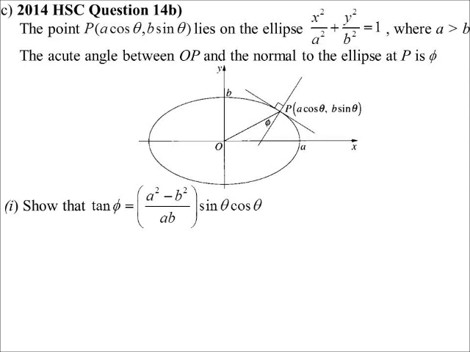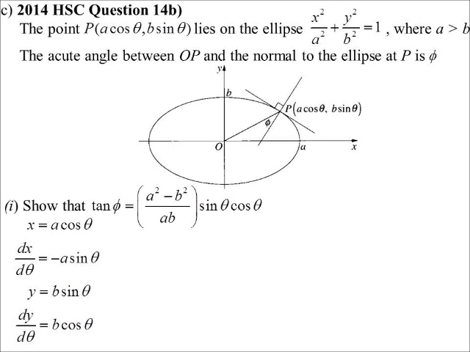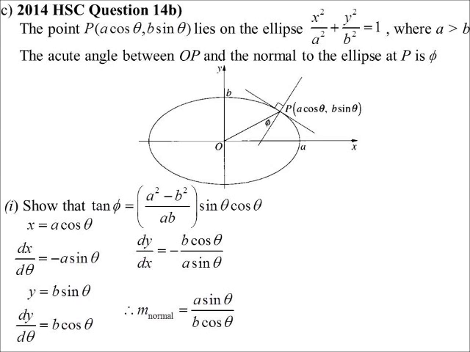If I've got those two slopes, I'll be able to substitute in. So let's do that. Going to have to do some differentiation to find the slope of the normal. So there's dx by d theta, there's dy by d theta, dy dx, no, that would be the slope of the tangent. So the slope of the normal is a sin theta on b cos theta.